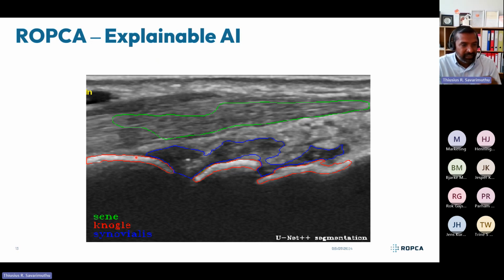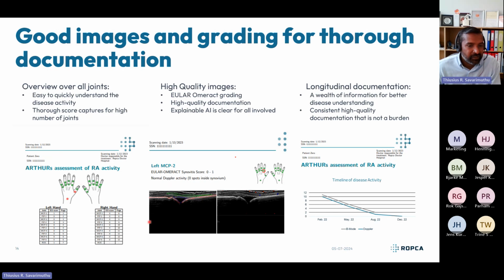And based on that, we could then explain what the system used in order to estimate the disease activity. And this was then implemented in the output from an arthro scanning, where you first got an overview of which joints were scanned and where we saw disease activity.